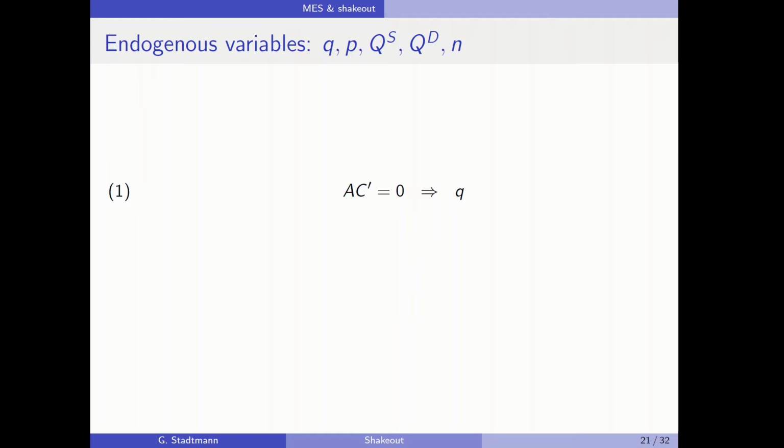The endogenous variables are the quantity supplied by one company, the price, the quantity supplied by the market, the quantity demanded in this market, and the number of firms within this market. How can we find these 5 different endogenous variables?